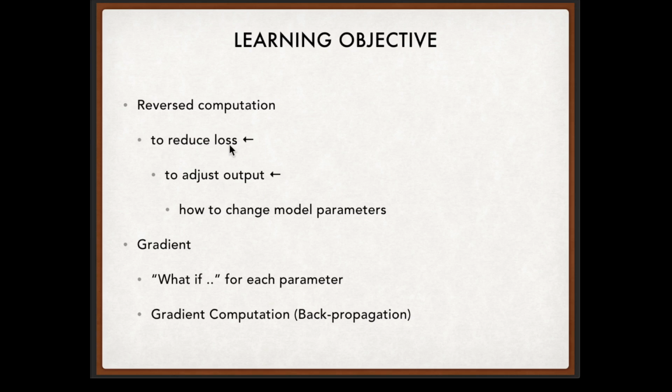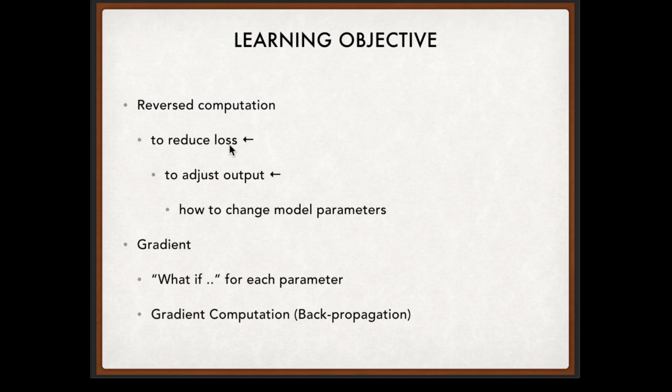If you know the output of the network and compare that to the desired output, it is straightforward to compute how to change the output of the network so that the loss is reduced. And then from there, we gradually compute how to change the model parameters that are controllable to us, so that the output of the network changes to the desired value and the loss changes.